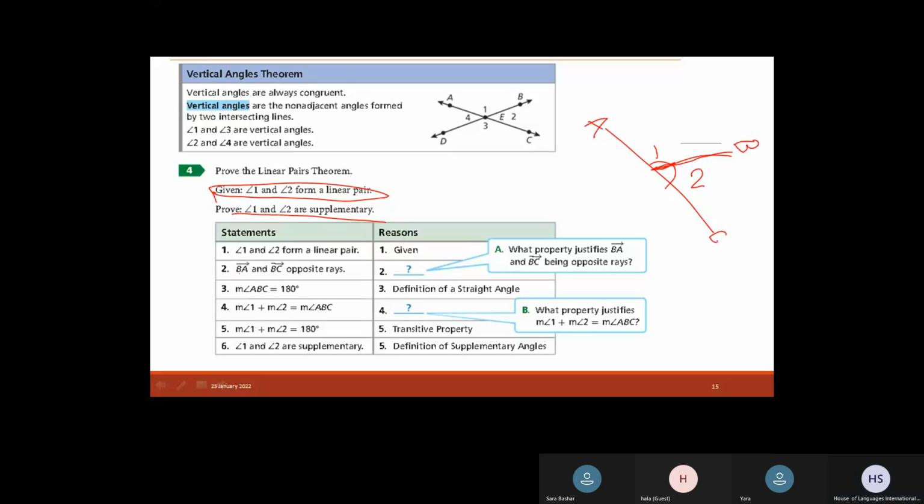Now, B, it's not like this. I think B is. Because the opposite are equal. So one is 8.